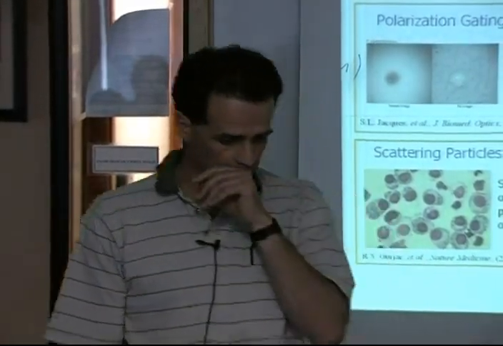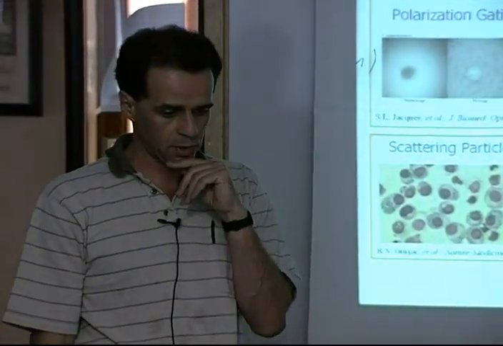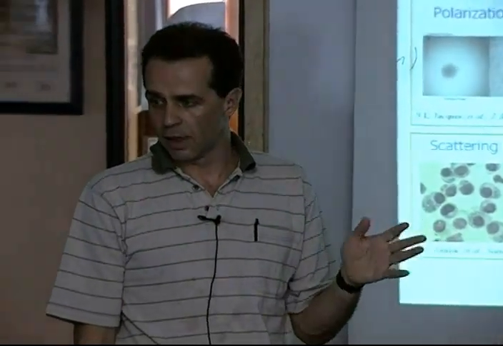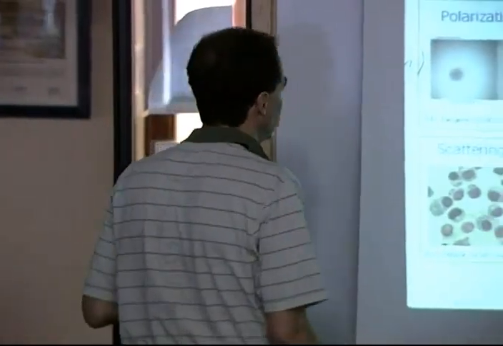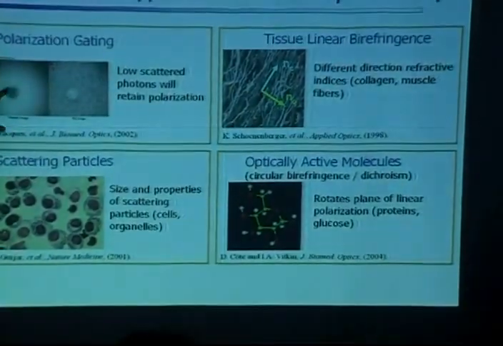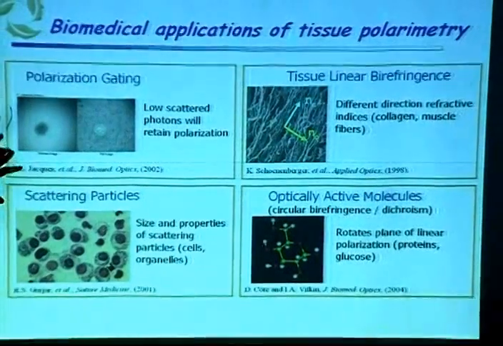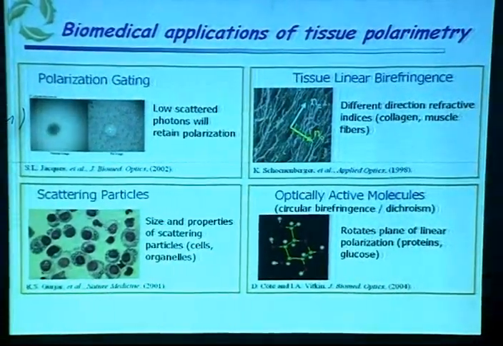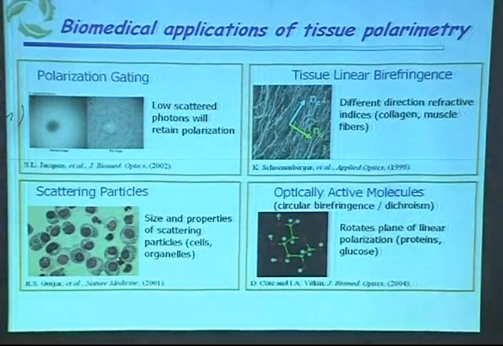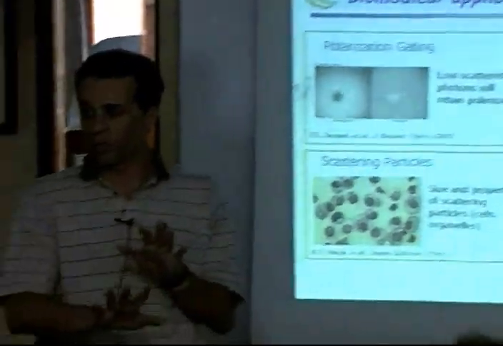So that's the math. What are the uses so far of polarized light in medicine? There's been a lot of work, actually. Steve Jacques and a couple of other groups, Judith Morant in the States, and several others, Rox Anderson, have used polarization to select or gate which photons they want to look at, which depth of tissue.